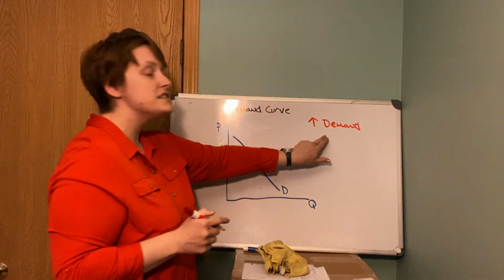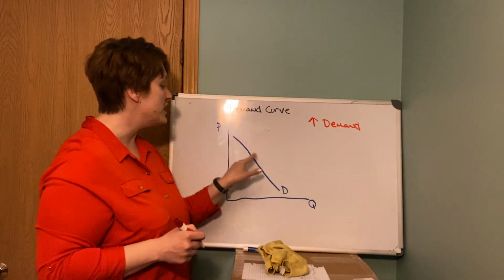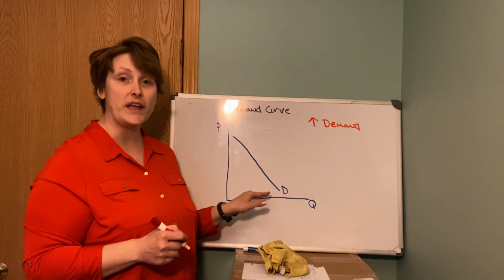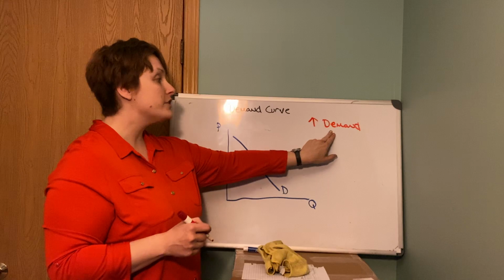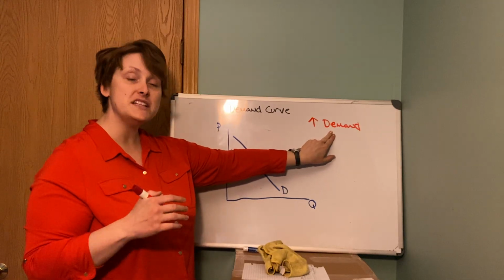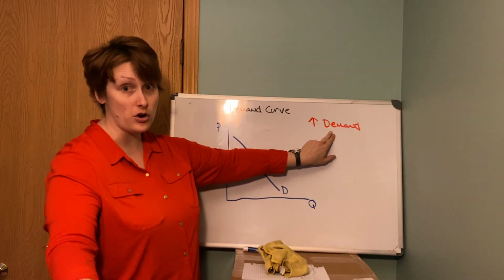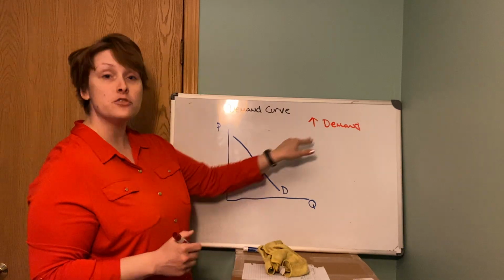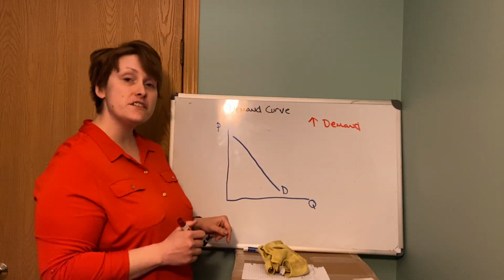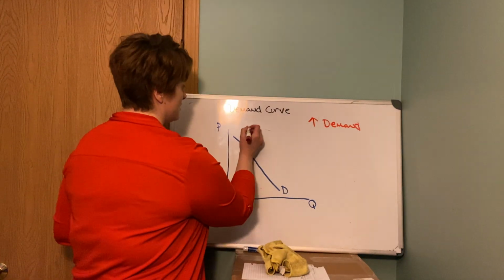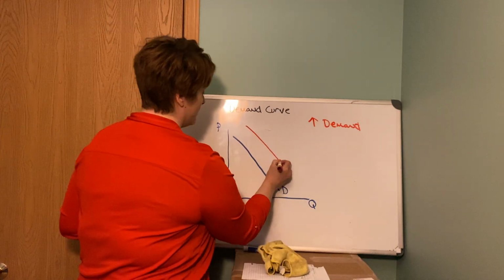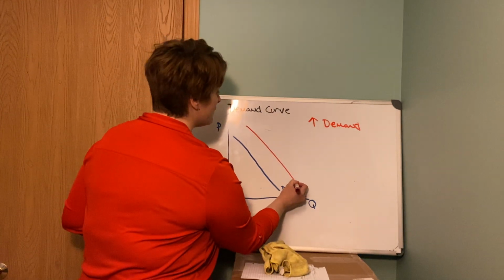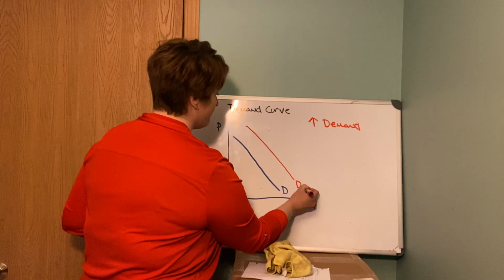Now see, we're missing that word quantity here, so we know we're not just changing to another point on our curve. We're increasing demand, which means we're increasing the entire curve. So an increase in demand is a shift of our curve to the right, going from demand 1 to demand 2.